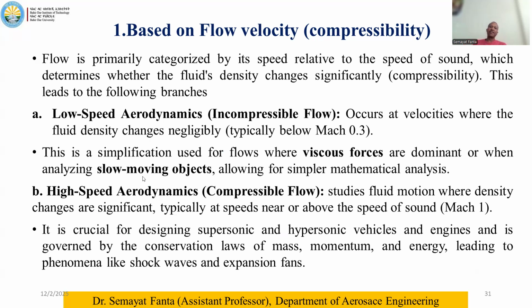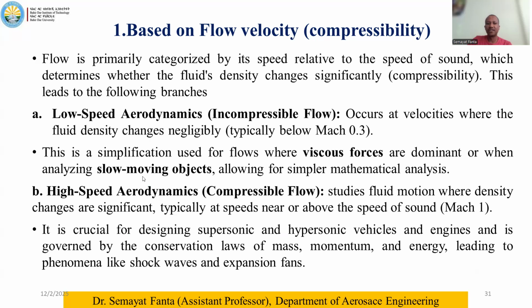This is critical for designing supersonic and hypersonic vehicles like rockets, intercontinental ballistic missiles, and tactical missiles, which can move at speeds greater than Mach 1. It can be Mach 3, 4, 5. Engine design also considers this, and it is governed by the conservation laws of mass, momentum, and energy.